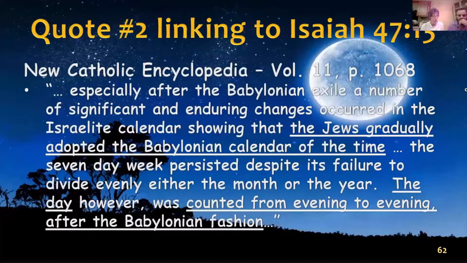The 7-day week persisted despite its failure to divide evenly either the month or the year. So what they're saying is they didn't change it to a 10-day week or a 12-day or a 5-day. The 7-day week happened to stay in there, even though they were tampering with other parts of Yahuwah's calendar. And then it goes on to say, the day, however, was counted from evening to evening after the Babylonian fashion. There you go. This is from the Catholic Encyclopedia. Rome knows the truth on this history, everyone.